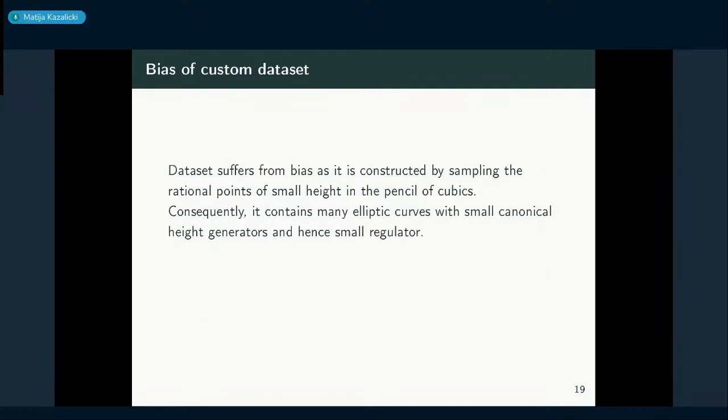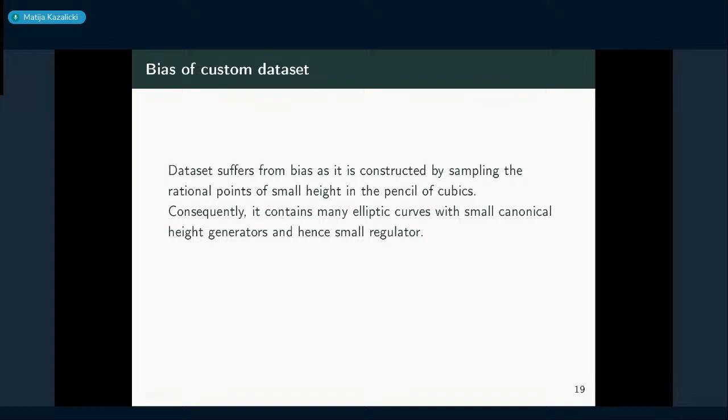Okay, so there are some problems with this custom-made data set. It's biased in a certain way, and if you listen to this construction, you'll see that it's constructed in such a way that it will have rational points of small height.